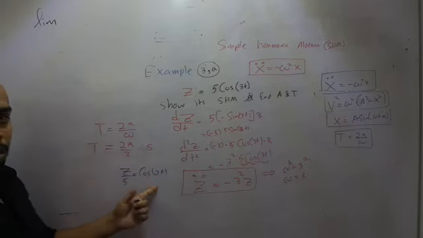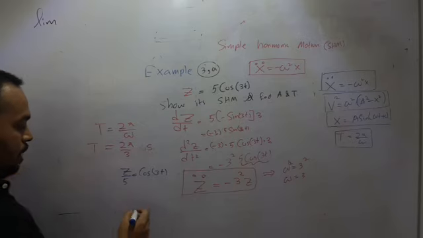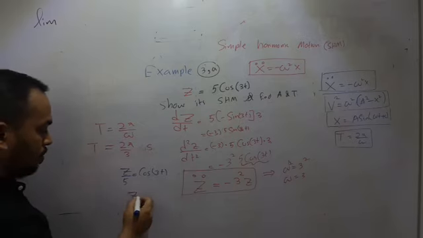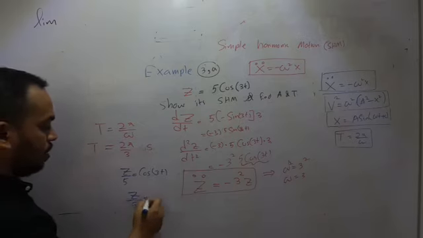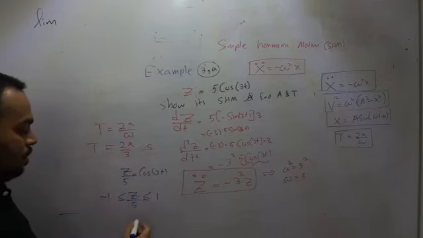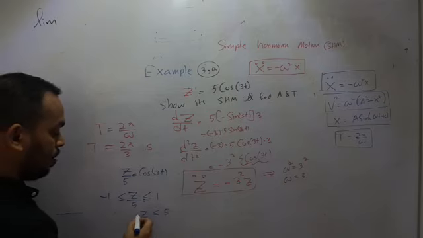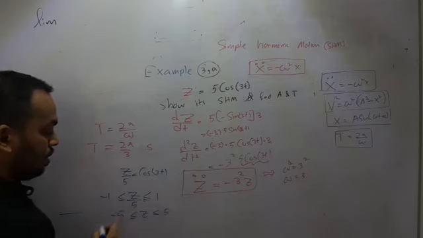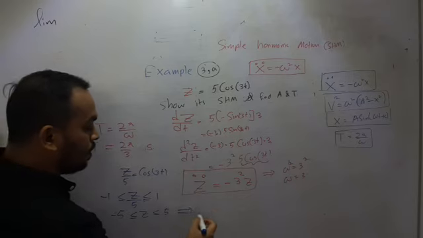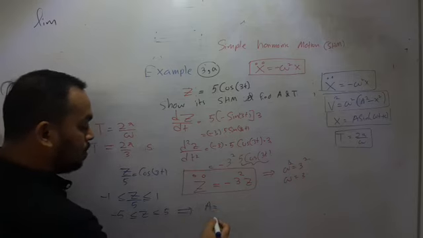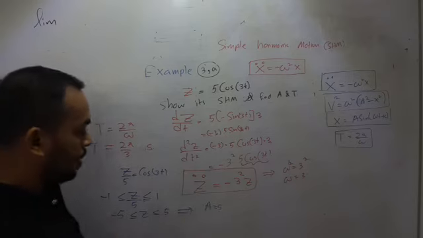So you know that the cosine function oscillates between 1 and minus 1. Z divided by 5 oscillates between 1 and minus 1. Therefore, this implies z oscillates between 5 and minus 5. Therefore, the amplitude of this motion is 5 units.